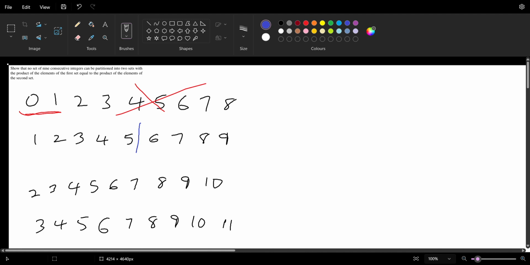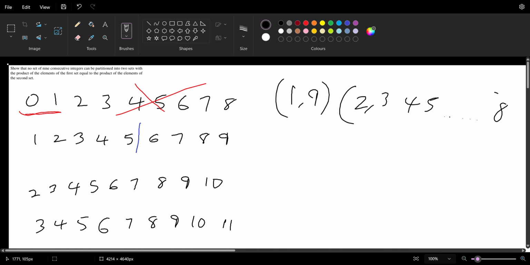We can do something like 1 and 9 in one set, and the other set is 2, 3, 4, 5, all the way to 8. So I'm not ready to start finding all the possible ways you can multiply it.